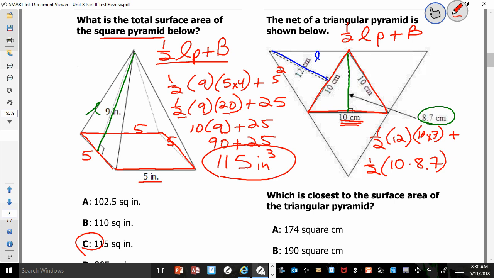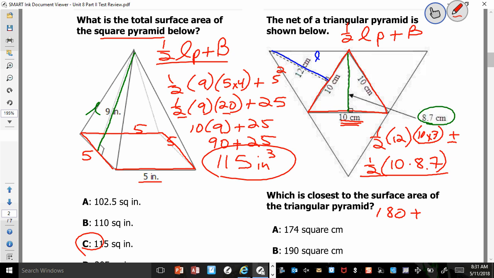Okay? So in your calculator, 1/2 of 12 is 6. 10 times 3 is 30. So we're going to get 6 times 30, 180, plus this.